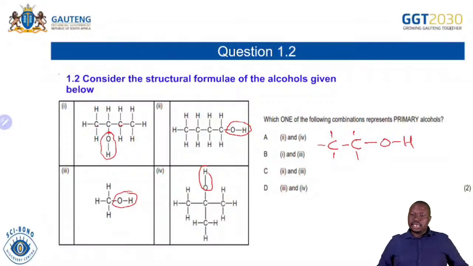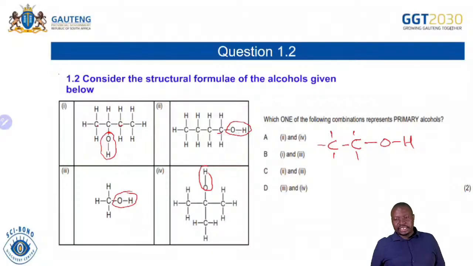Roman figure 2, if you look at it, the carbon that is bonded to the hydroxyl group is bonded to one other carbon, so it qualifies to be a primary alcohol. Let's go to Roman figure 3. You can see the carbon now that is bonded to the hydroxyl group is bonded to only hydrogens.